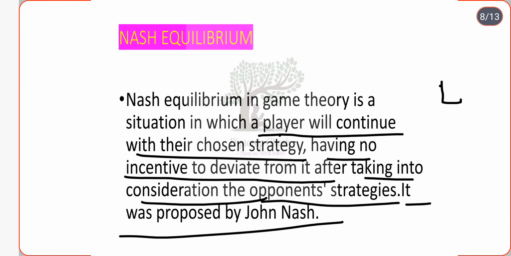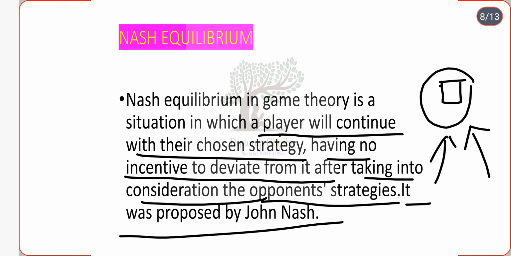Nash equilibrium is a condition in which no player is ready to deviate from it. That means if a Nash equilibrium is present in the game, then both players will accept those strategies and stay in that strategy. So Nash equilibrium is a strategy in which both players are satisfied and they will not shift from it, meaning they will not choose any other strategy.